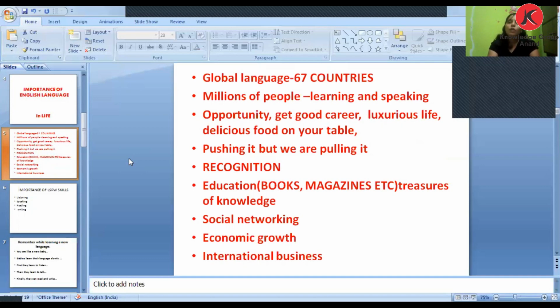In our country, India, English is a second language and our mother tongue is the first language. It doesn't mean I am telling you not to speak Gujarati or your mother tongue. Speak your mother tongue, but you have to learn and acquire knowledge of the English language because it is universally accepted all over the planet.